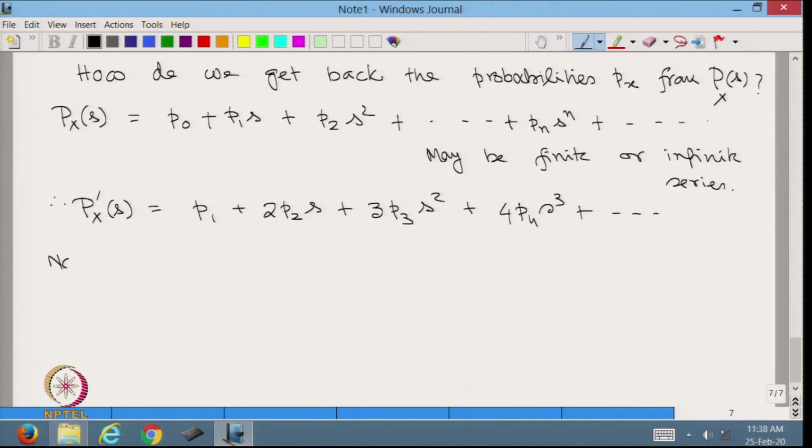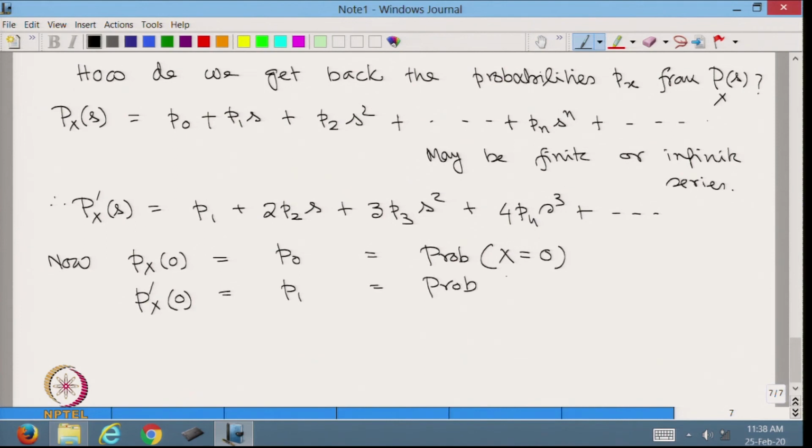Now, P_x at 0 is equal to P0, which is equal to probability x is equal to 0. P prime x at 0 is equal to P1, which is equal to probability x is equal to 1.